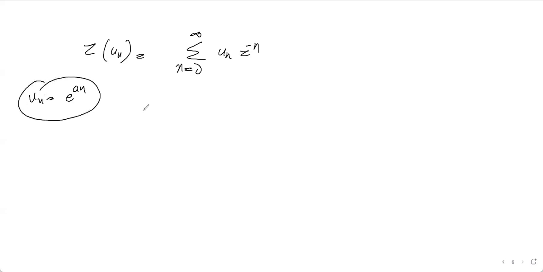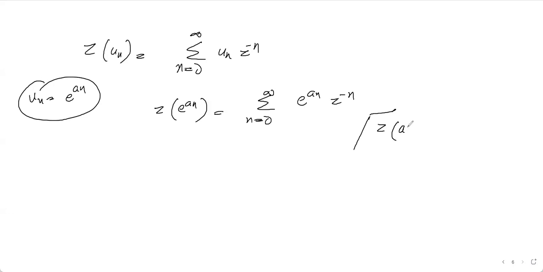So Z of e to the power of an will be summation n is equal to 0 to infinity e to the power of an z to the power of minus n. Now, we have already obtained the result for Z of a to the power of n, right?